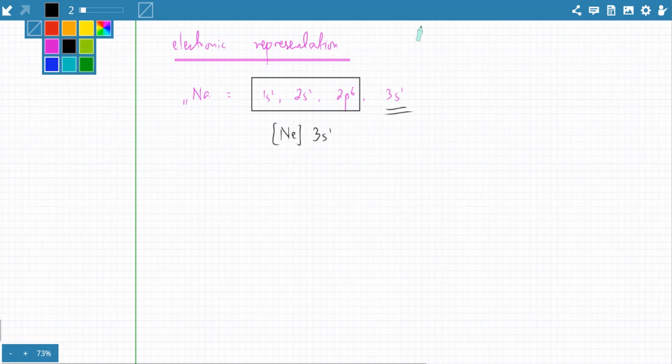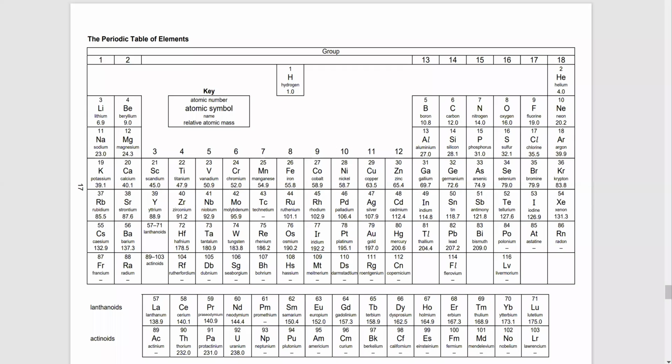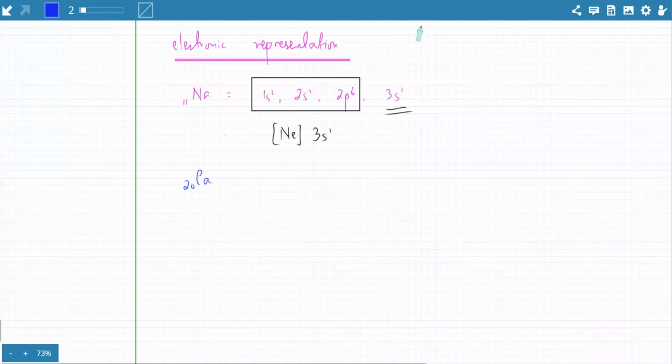So for example, let's talk about calcium. Calcium has a total of 20 electrons. Instead of writing the configuration of all 20 electrons, I'm going to look at calcium. Calcium is in the fourth row, so that's the fourth period, and it's in group 2. Group 2 would be s2, so the outermost shell is 4s2.